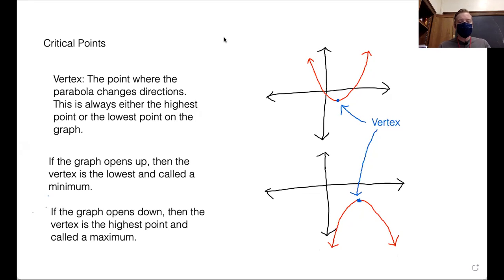The next critical point that we want to look at is called the y-intercept. And this is the same point, technically speaking, that is the y-intercept in slope-intercept form.